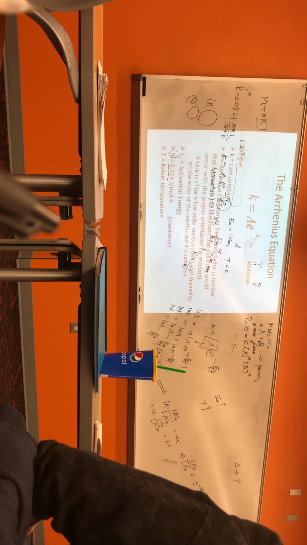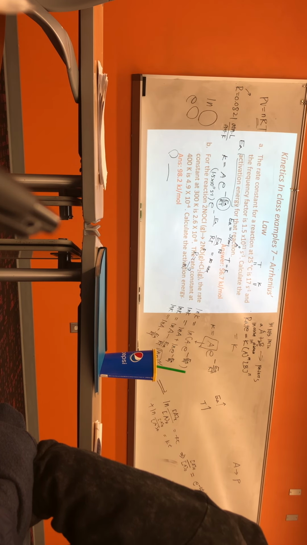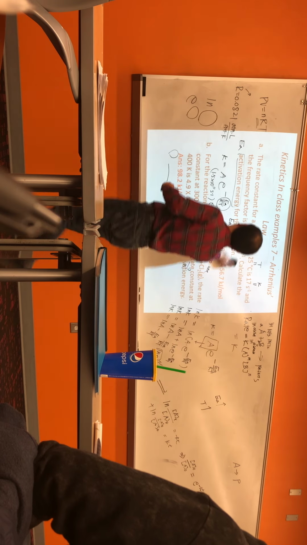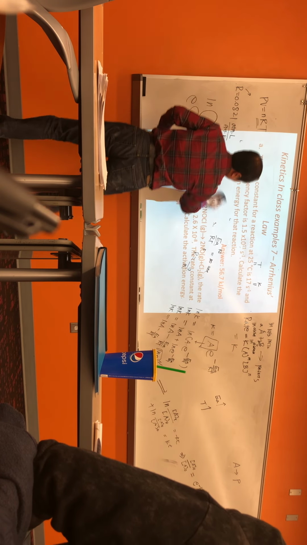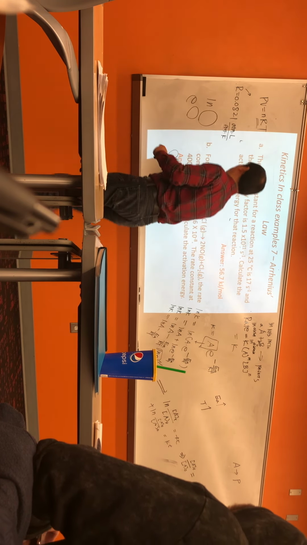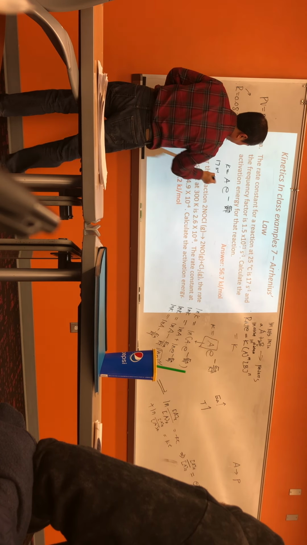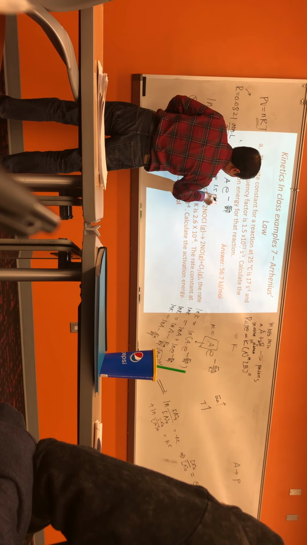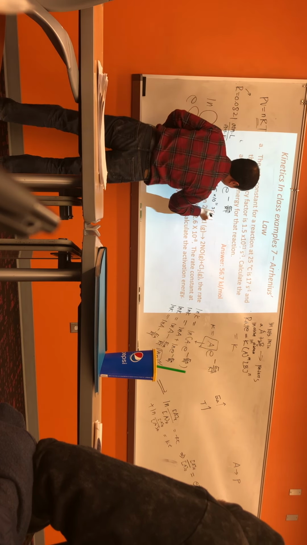Go back to the equation. If I write again, k = A e^(-Ea/RT). So k was 17 per second. A is 1.5 times 10 to the 11 per second.